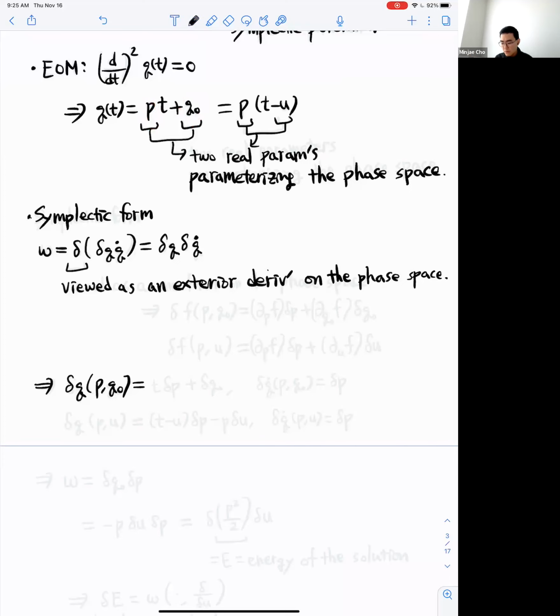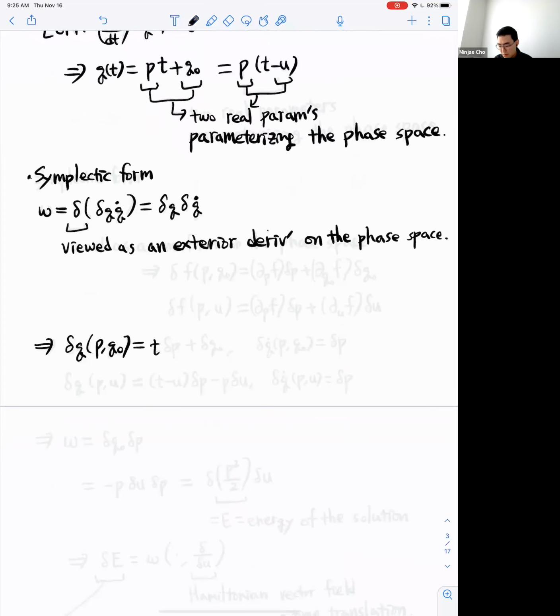Okay. So we just use chain rule. It's a very simple one in this case. And the second ingredient for the symplectic form was delta of Q dot, and we obtained this one.